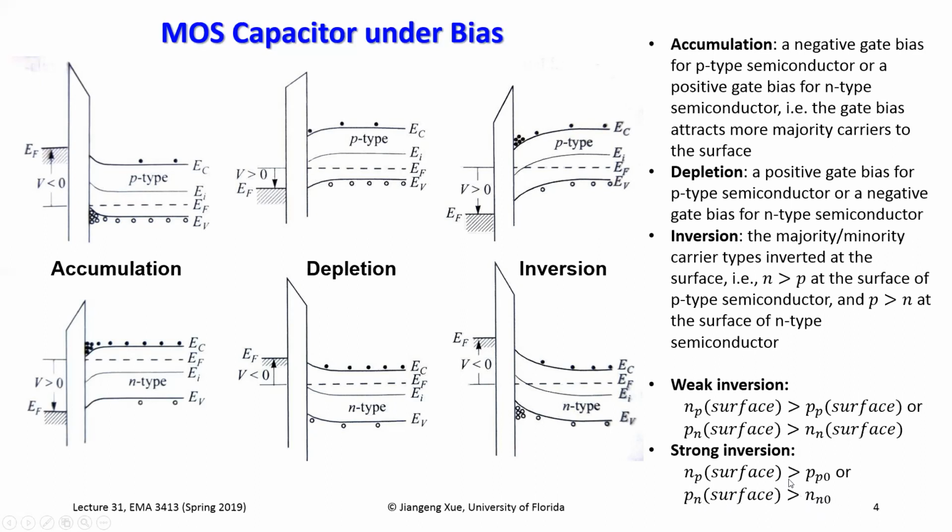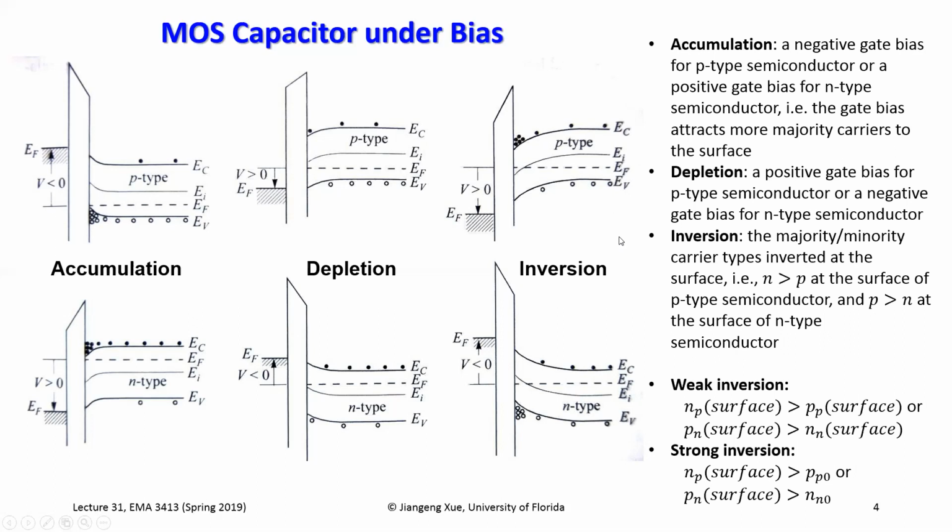This is called strong inversion, which obviously requires a further increase in the magnitude of the voltage bias, so that the Fermi energy goes really close to the conduction band at the semiconductor surface for a p-type situation, and for an n-type semiconductor, the Fermi energy will be really close to the valence band edge, such that the surface carrier concentrations will be inverted from what we have in the bulk and actually have higher concentrations.